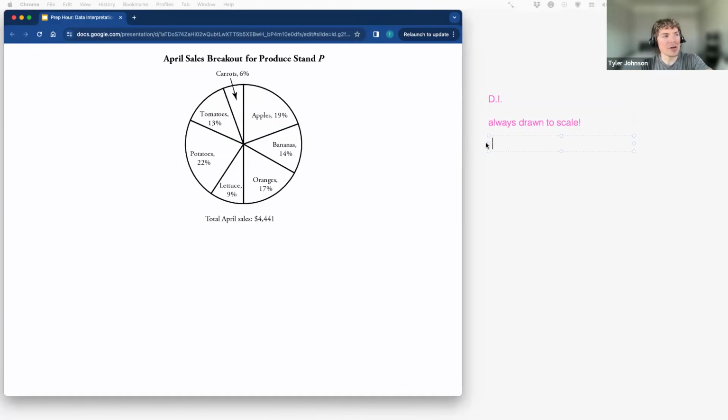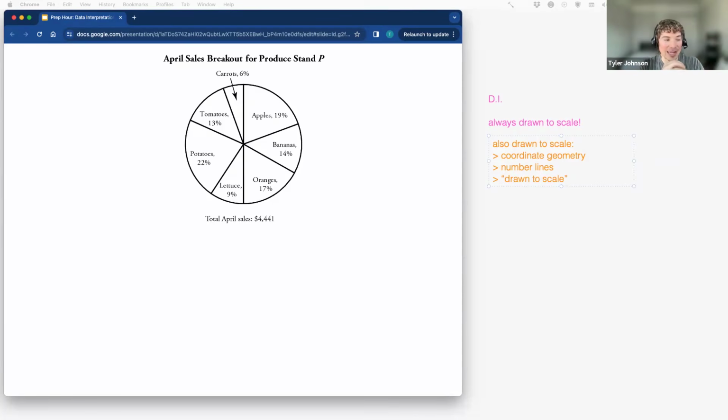And for reference, the other pieces that are drawn to scale that you'll see on the GRE: anytime you have coordinate geometry, like if there's an X and Y axis drawn, that is going to be to scale, as well as any number lines. And also, if a problem ever writes in text that the figure is drawn to scale, you can trust that. But otherwise, if it's geometry, don't trust your eyes.